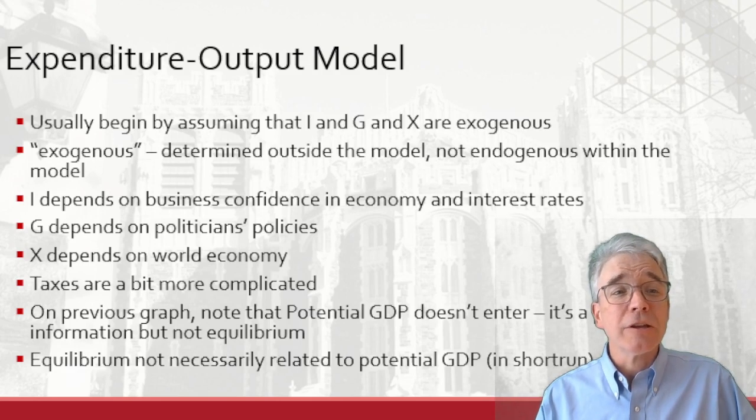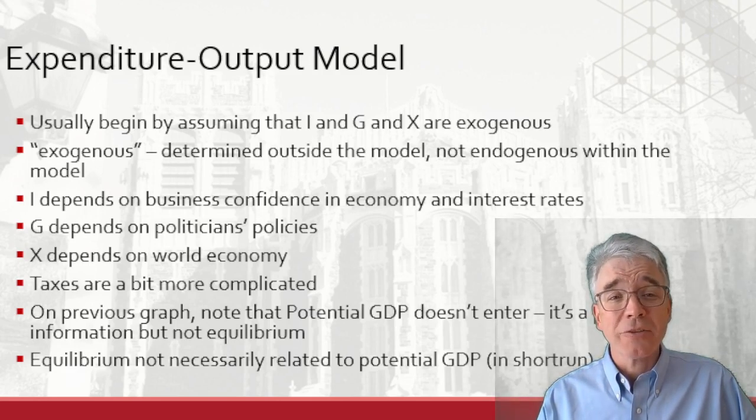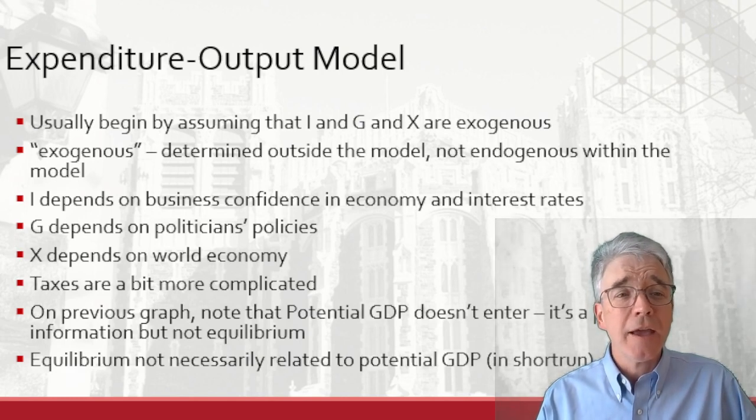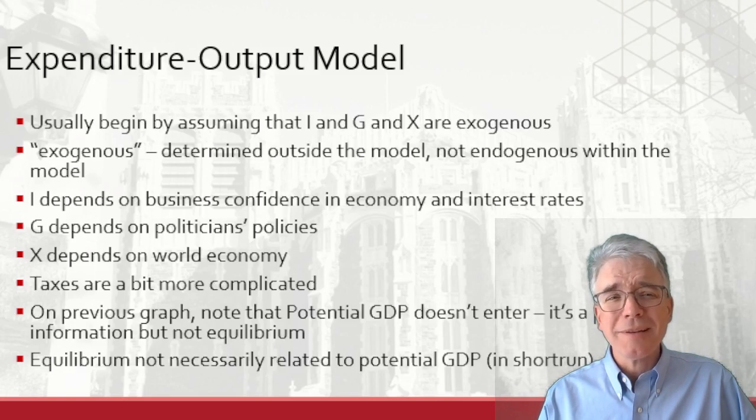Investment, I, depends on business confidence and interest rates. Government spending, G, and taxes, T, depend on politicians' policies. Exports and imports, X and M, depend on the rest of the world economy and FX rates. We have all these bits, but none of them really depend on potential GDP.